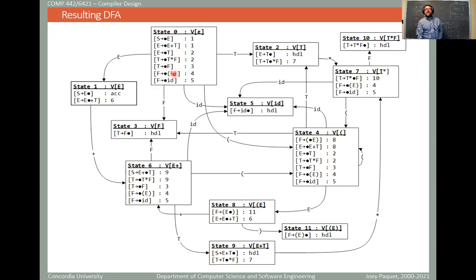Same thing here. F gives dot open parenthesis, I parse the open parenthesis, then this item becomes my starting item for state number 4. Then I will apply the closure of each of these, which will make me create the total item set for each of these states that I have transitioned into.